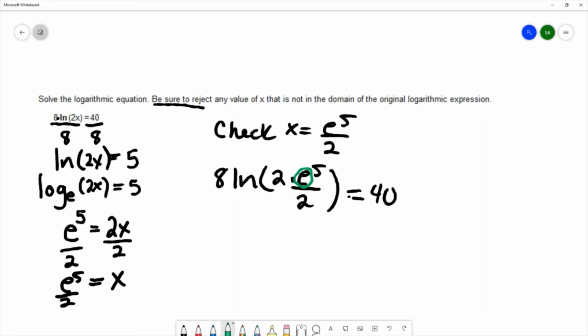That's a positive number raised to the 5th power. That'll be positive. A positive divided by a positive and then multiplied by a positive will be positive. So since we're taking the log of a positive, we're going to be able to keep this solution, and the only solution to this equation is e to the 5th over 2.